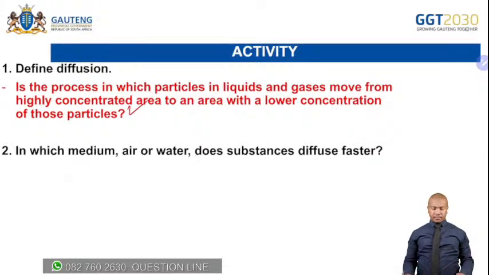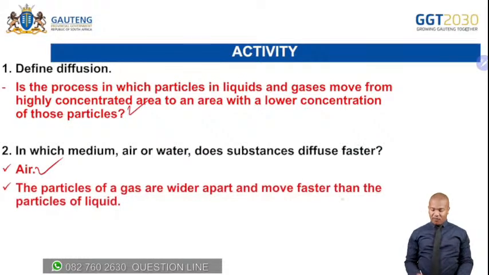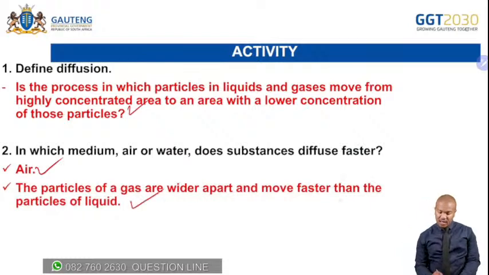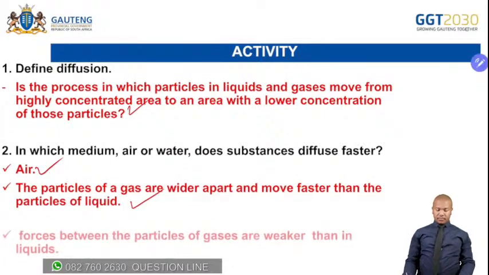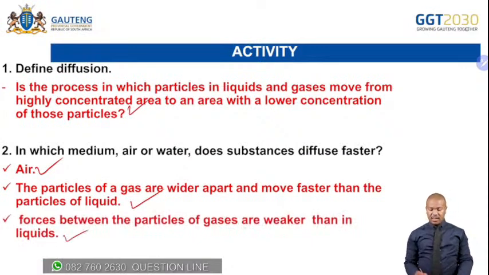So which one? It is air. Why are we saying it's air? This is because the particles of a gas are wider apart and move faster than the particles of a liquid, and because the forces between the particles of gases are weaker than in liquids.